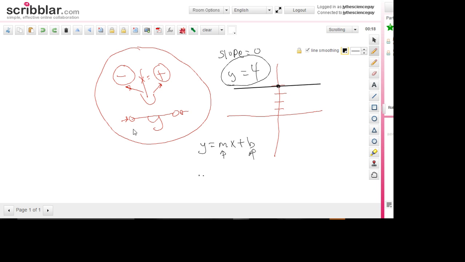The slope is equal to 0. So that means that y is equal to 0x. And then where does a line cross the y-axis? At 4, plus 4. Anything times 0 is what? 0. So that's why the equation for the line is y is equal to 4.